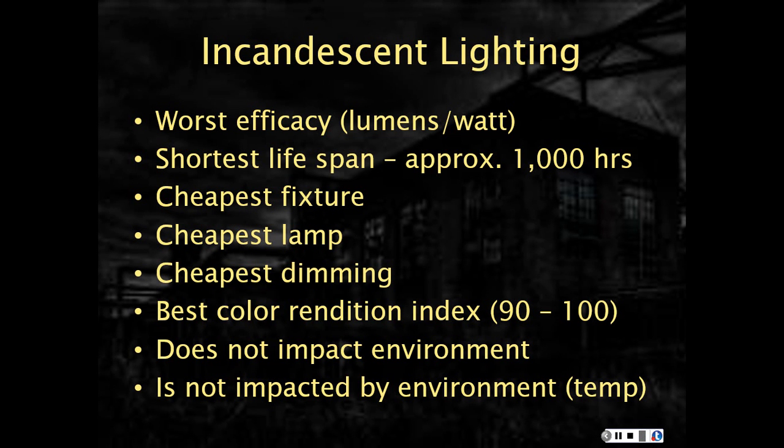Quartz halogen can achieve a perfect color rendition index of 100. There's no other light source currently that can achieve a perfect color rendition index other than incandescent, specifically quartz halogen.